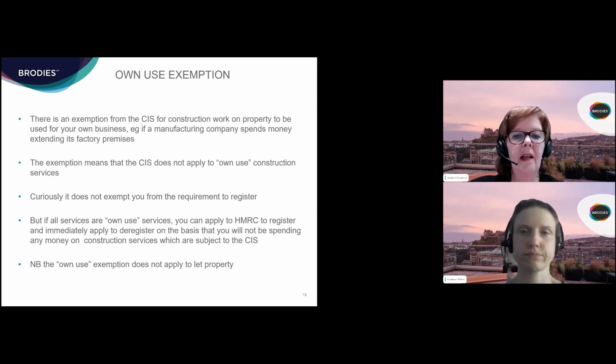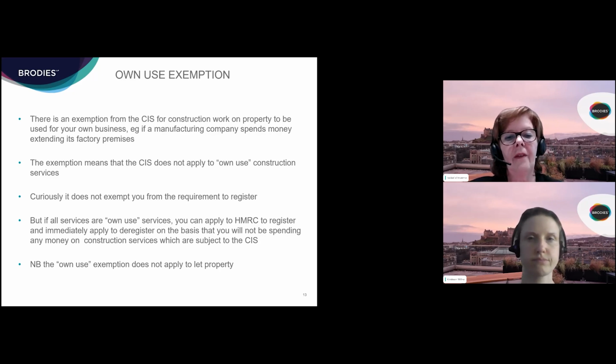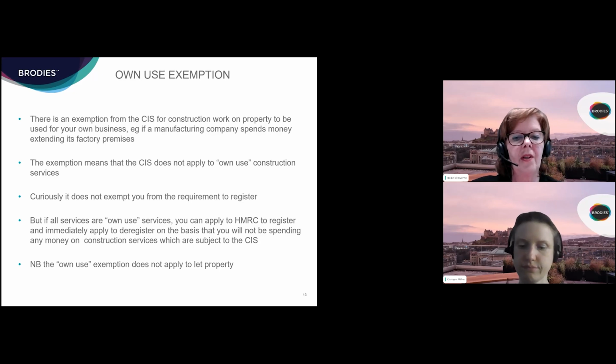It is a slightly bizarre situation because strictly speaking, it's only the payments that are exempt and you still have to register. But normally you can just say, well, everything that I'm going to do is own use as well, so please, can I not register? And they'll say, yes, that's okay. You don't need to register.